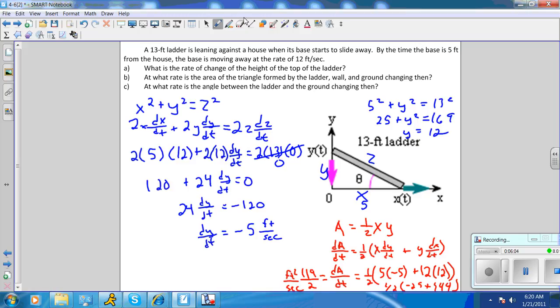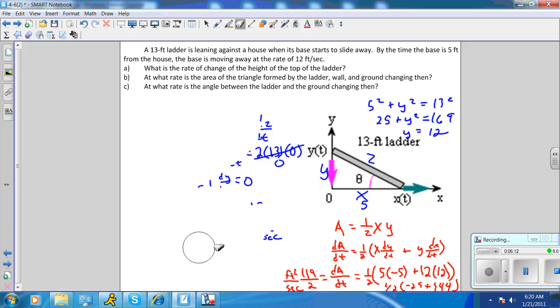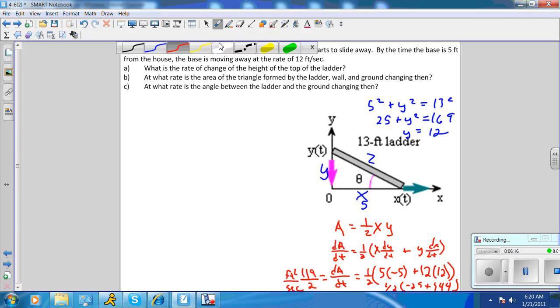And then the third part of the problem, I'm going to erase this part here. I'll do it right there. Part C: at what rate is the angle between the ladder and the ground changing? Well, if we're talking about angle, we're usually talking about trig.